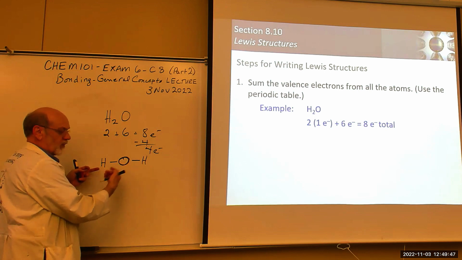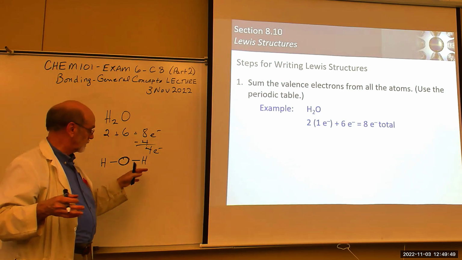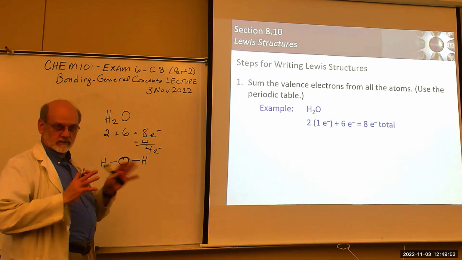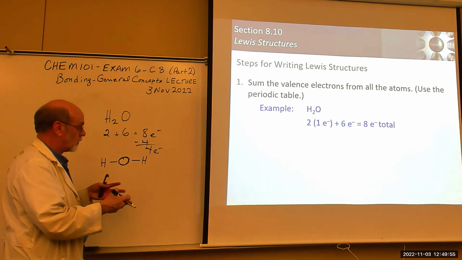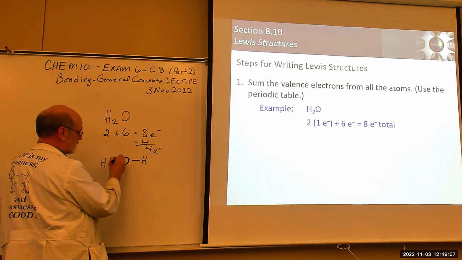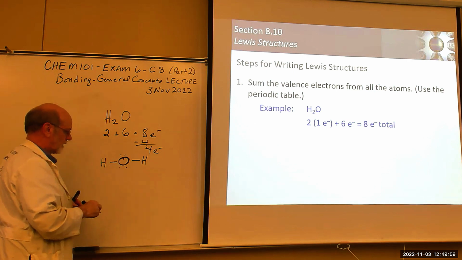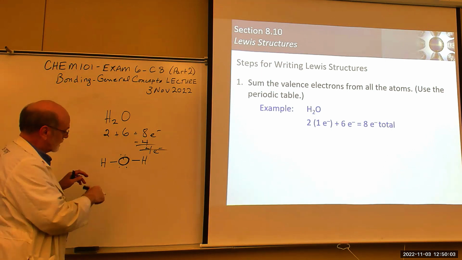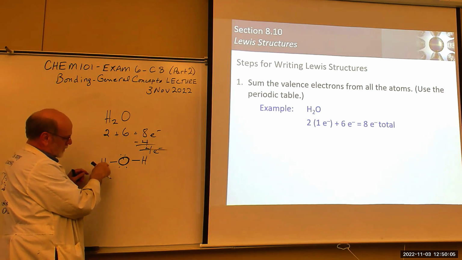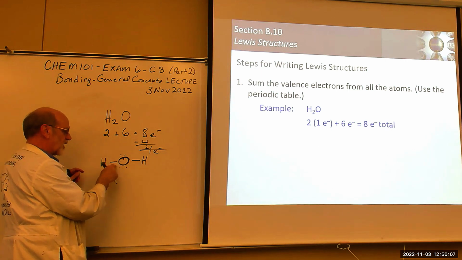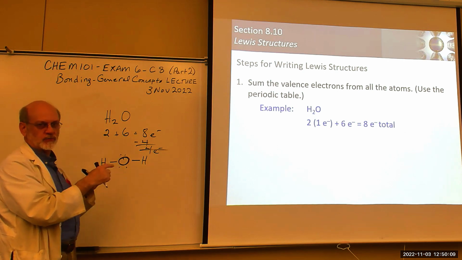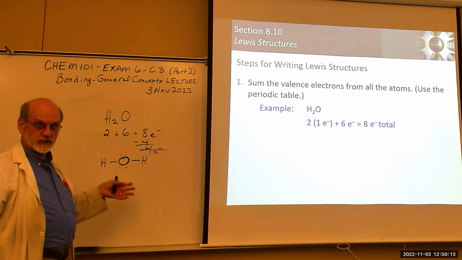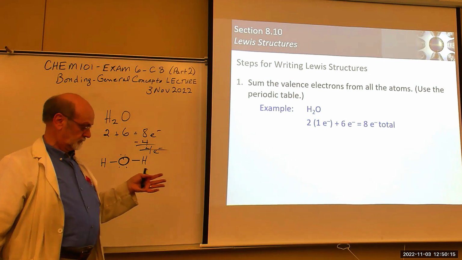We can't put any more around hydrogen because it's full. This 1s orbital's got 2 electrons, it thinks. So we have to go to the middle straight away. So we need 4 electrons here. 1, 2, 3, 4. Okay, so we've used up all of our valence electrons. And we see that we have 2 bonding pairs and 2 non-bonding, or 2 lone pairs in this situation. That would be a valid Lewis dot structure. Just like that.